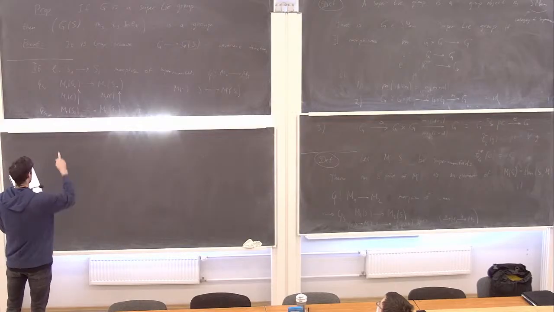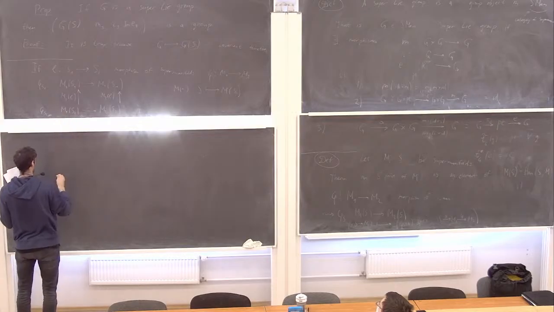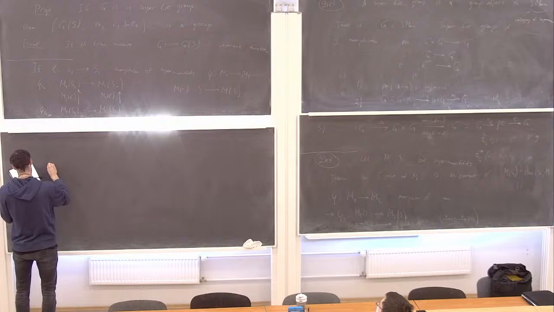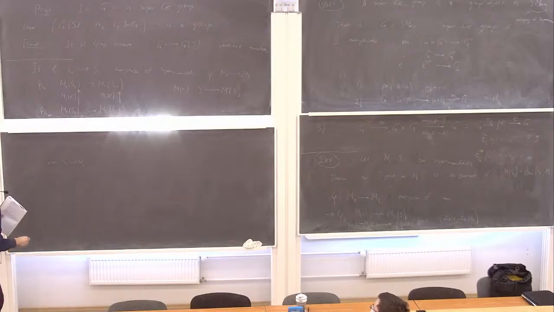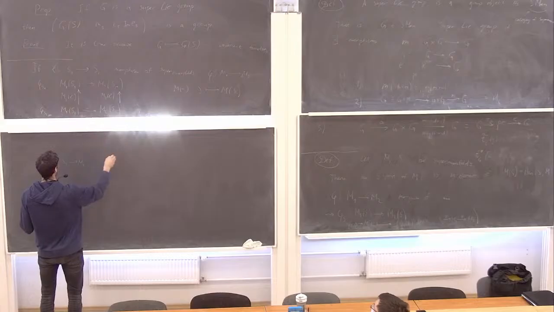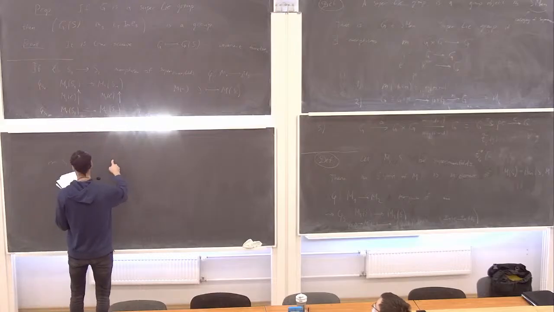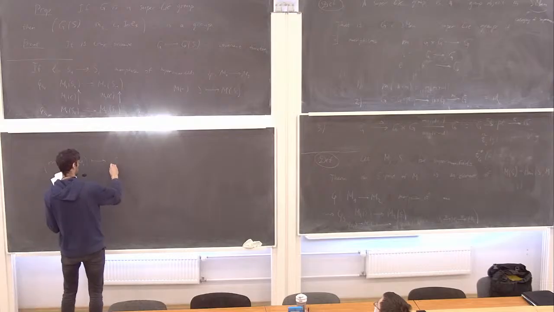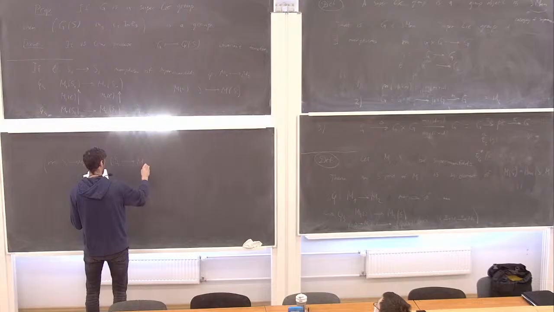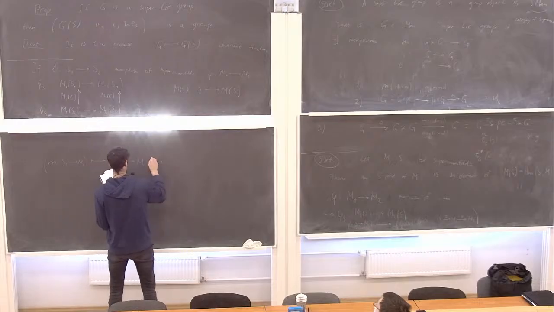Let me fix a point here, which will be, I don't know, M. So this is from S2 to M1. Then I go this direction, which is the composition of M with phi.